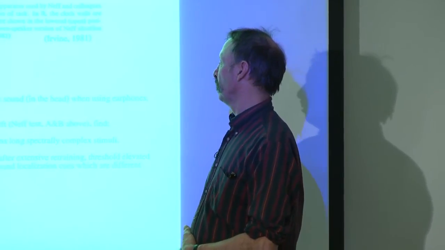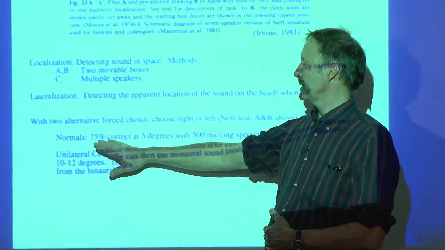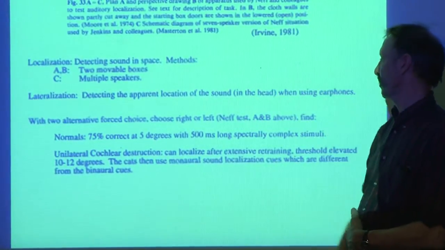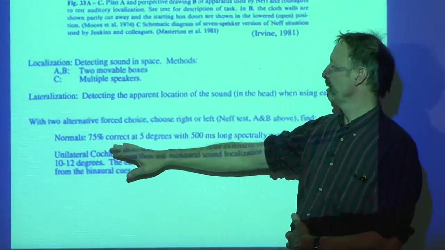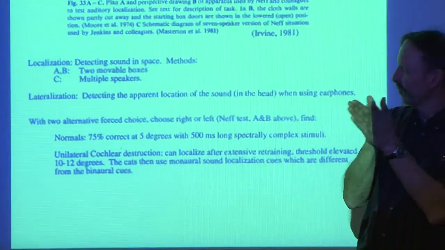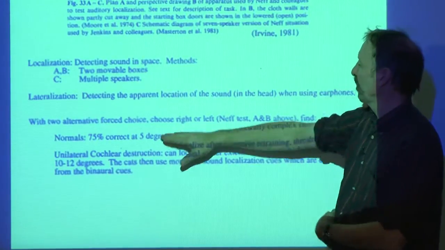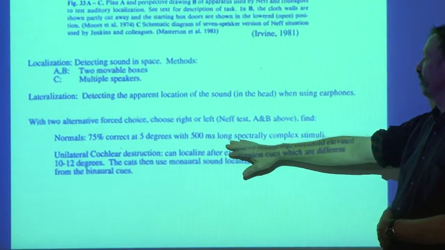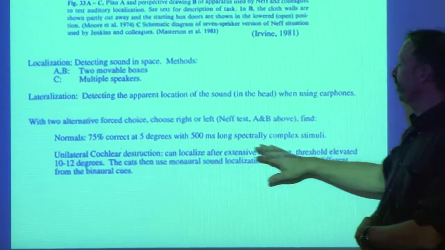So what are the data? In normal hearing animals, 75% correct at distinguishing which of the speakers emitted the sound at 5 degrees. In that case, you're moving the movable speakers just 5 degrees with, in this case, 500 millisecond long spectrally complex stimuli.